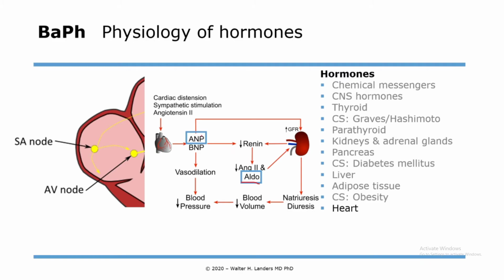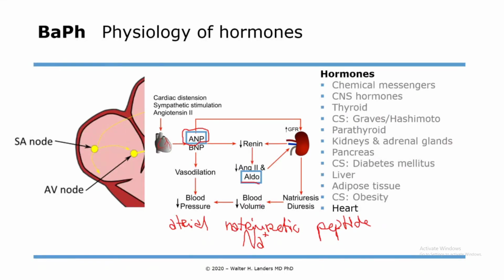Aldosterone is the exact opposite of a hormone called ANP, atrial natriuretic peptide. Natriuretic means excretion of Na, or sodium, because in Latin, sodium is called natrium, and also in most other languages.